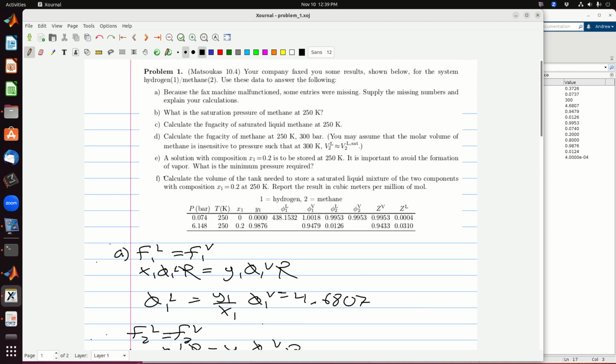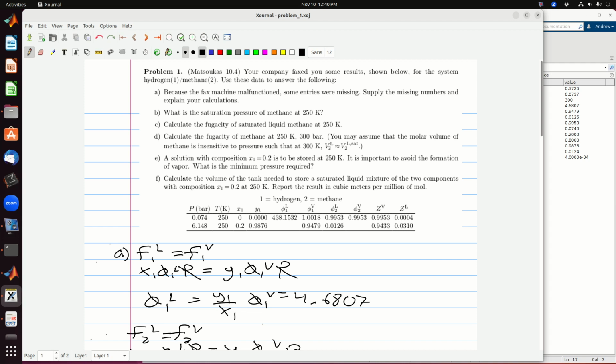All right, now F. Calculate the volume of the tank needed to store a saturated liquid mixture of the two components with a composition X1 equals 0.2 at 250 Kelvin. All right, so now in F, basically we have that solution from E. We're going to assume it's at the bubble point, right? And so the question is, what's the volume of the tank needed?